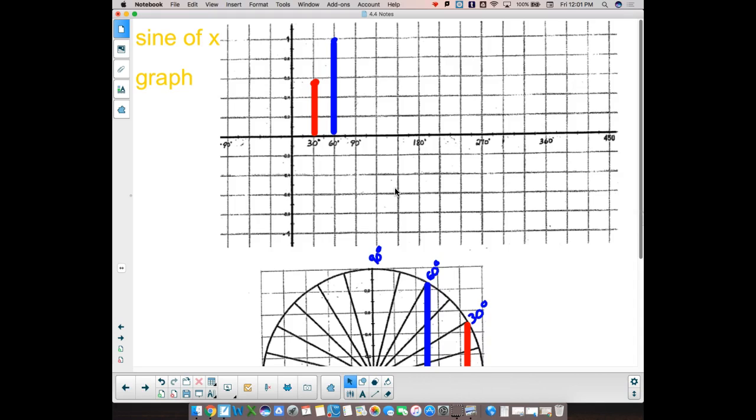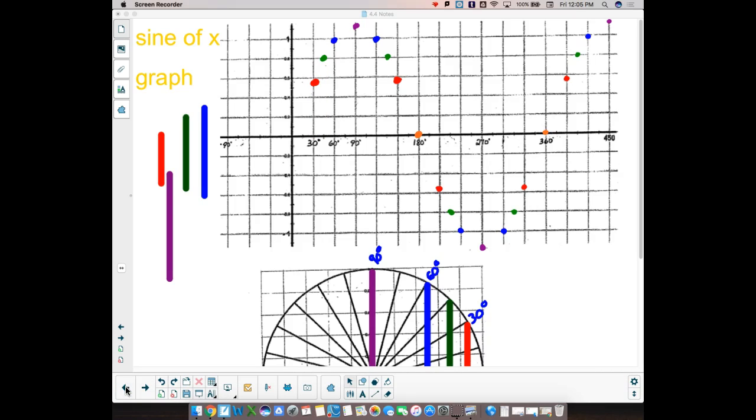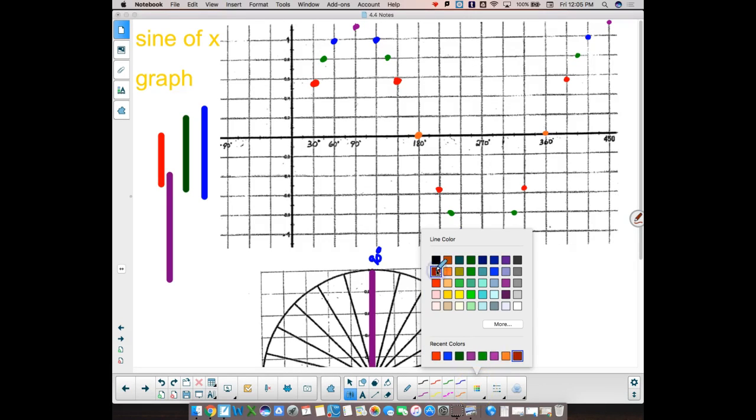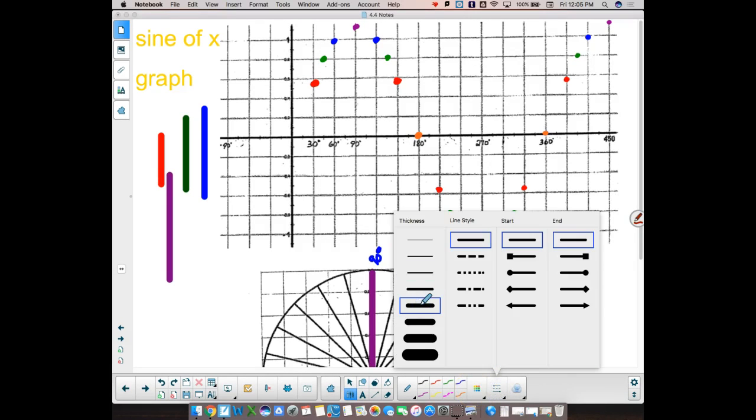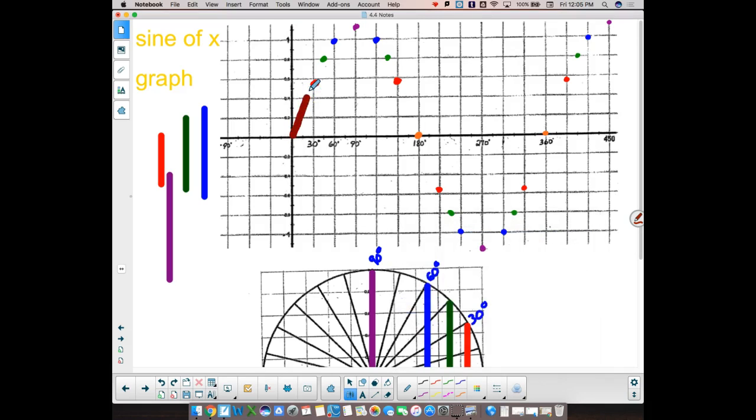Rinse, lather, and repeat. Throw in some 45s every once in a while too, because those are all on the unit circle then too. Go all the way around your circle. So you should have dots that look like this, correct? Okay? So then now we can connect the dots, and it looks like that.